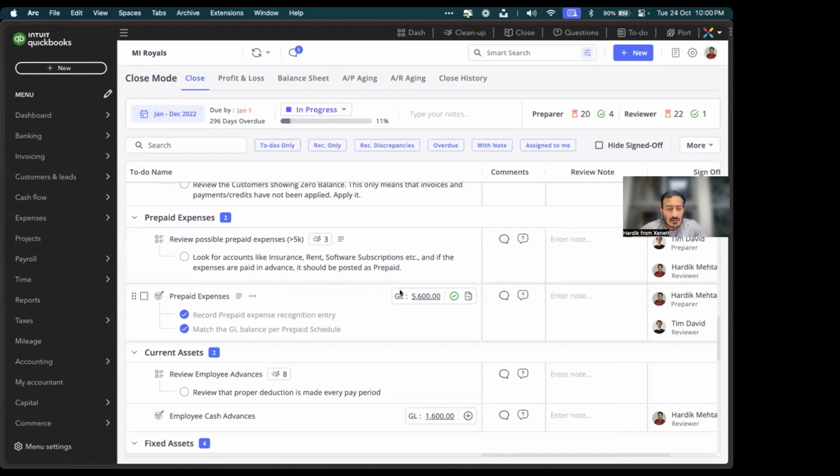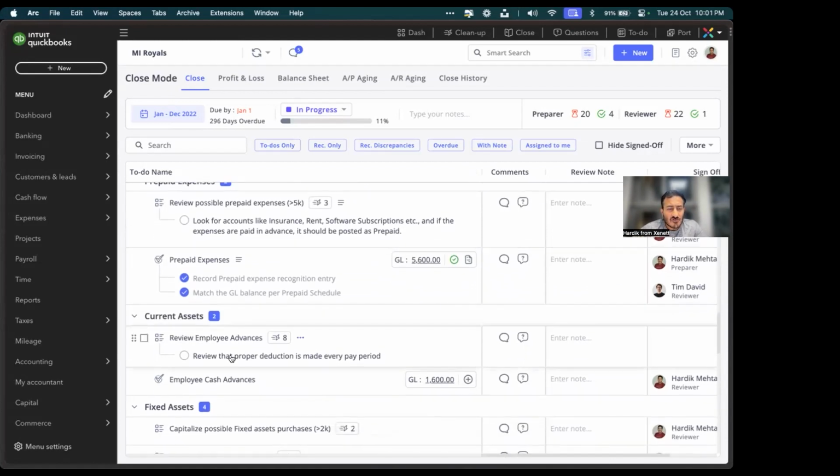All right. Now, I'm also going to take care of employee advances, which I know is not so common. I mean, you're not going to find it for every single client, but it's a good point to be covered as well as a part of the year-end close process.